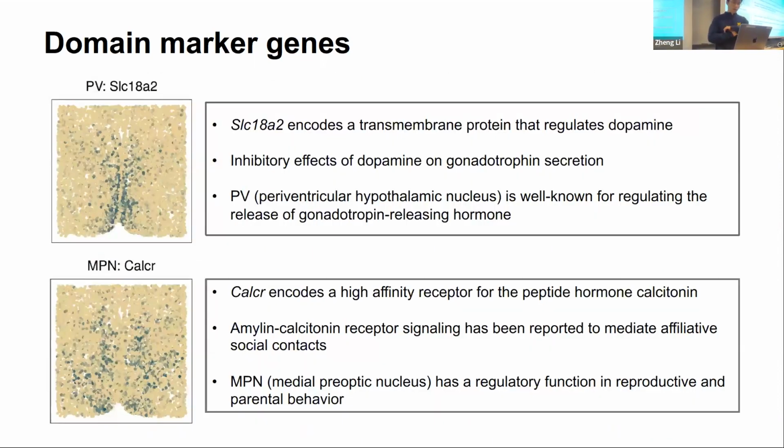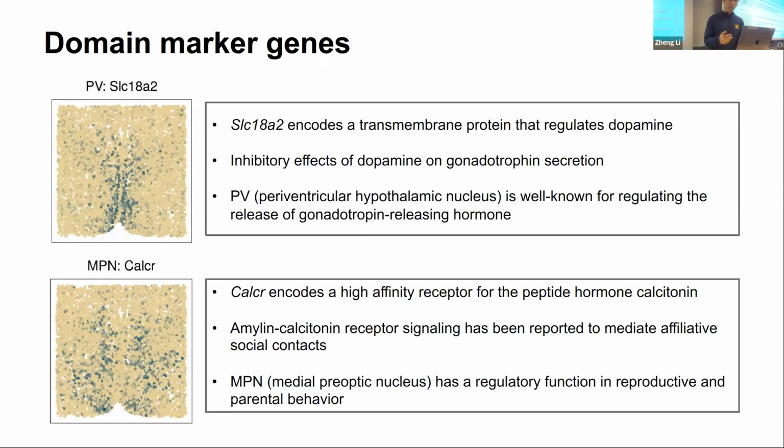Here I'm giving 2 examples of the domain marker genes we found. This SLC18A2 gene is a domain marker gene that is differentially expressed in the periventricular hypothalamic nucleus. This gene encodes a transmembrane protein that regulates dopamine.